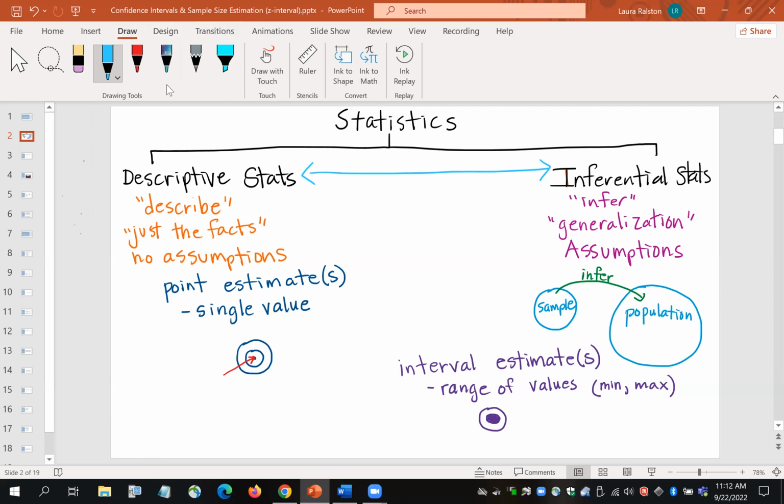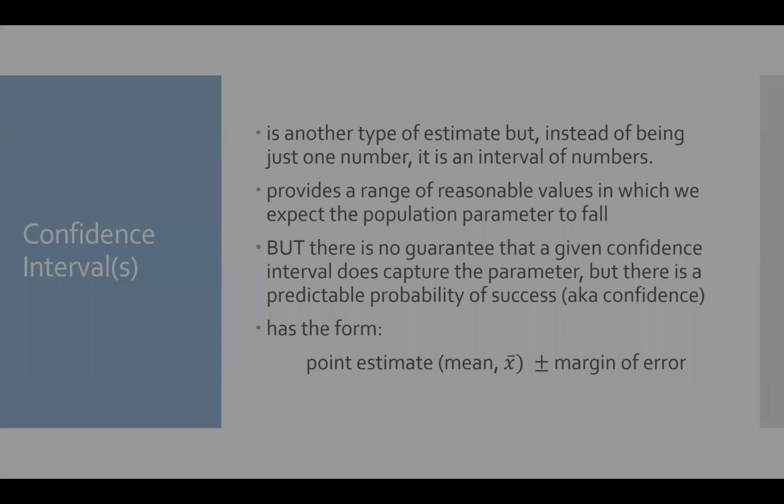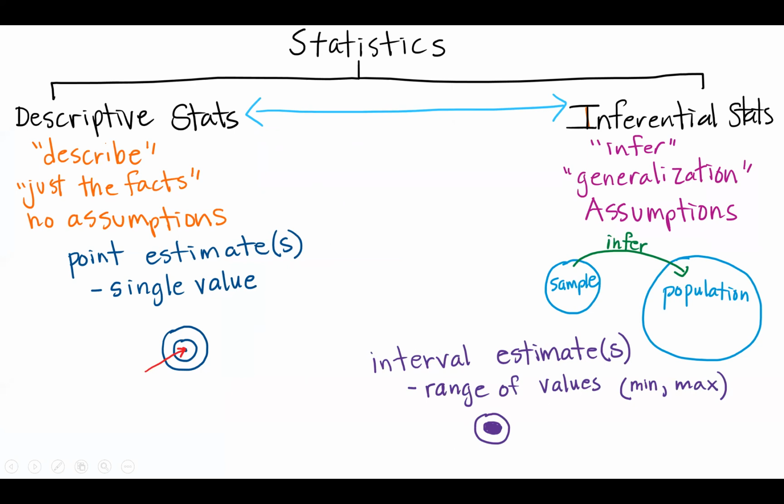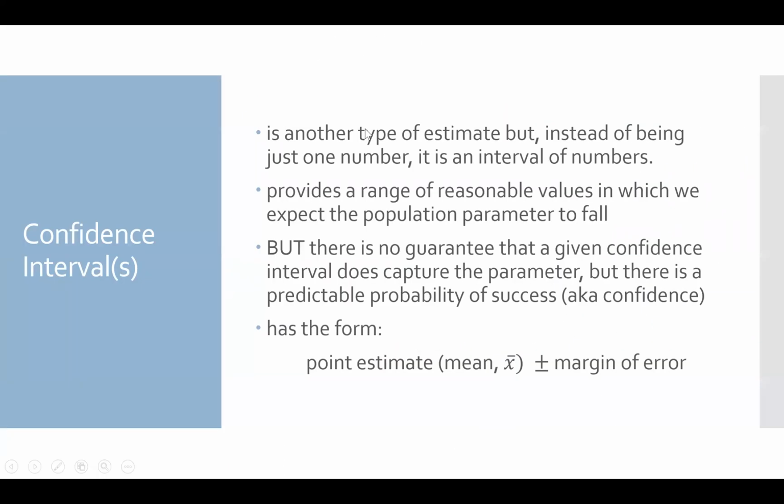Okay, so we're going to talk about and focus on these interval estimates. They're called confidence intervals. And again, it's just a different type of estimate that instead of being one number is going to be an interval number. It gives us a range of reasonable values in which we expect the population parameter to fall.